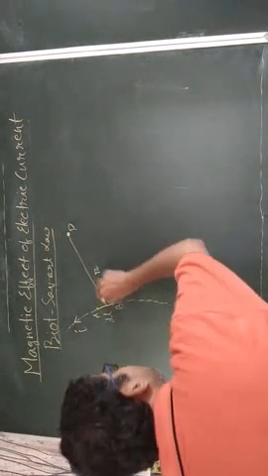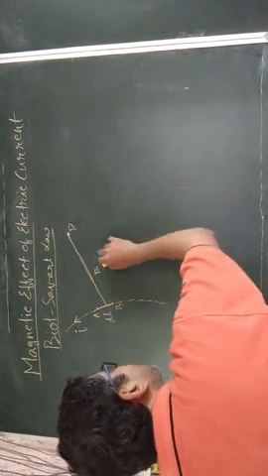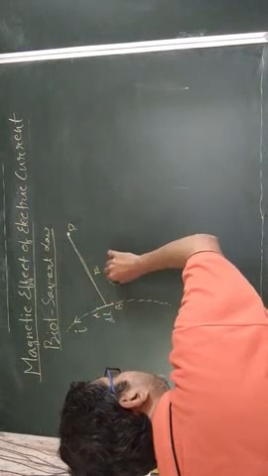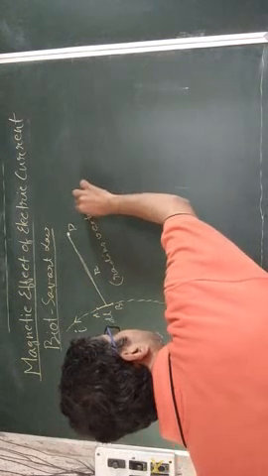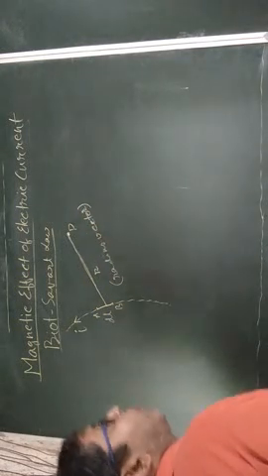Now this line is called radius vector. Radius vector. Why is this called so?